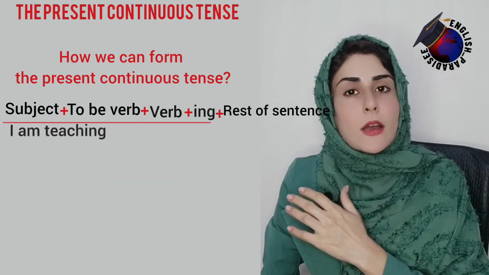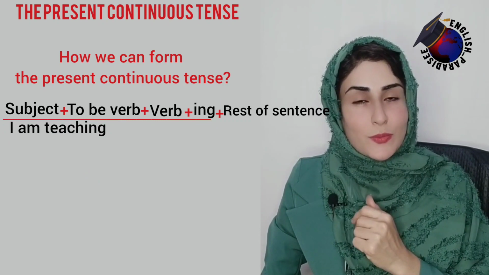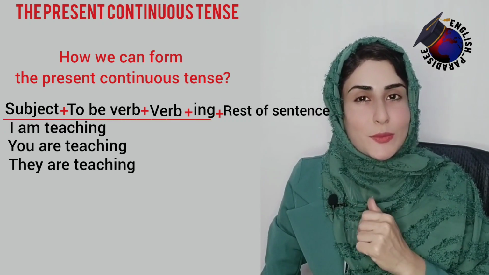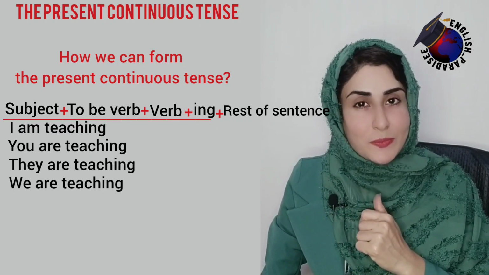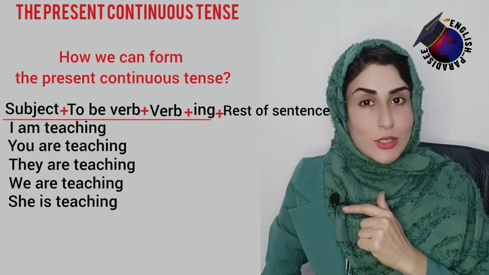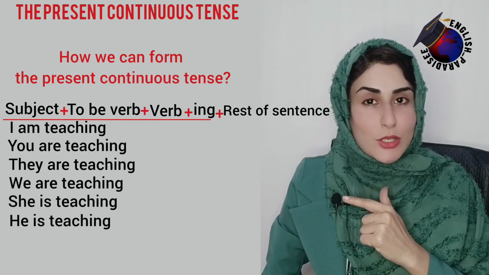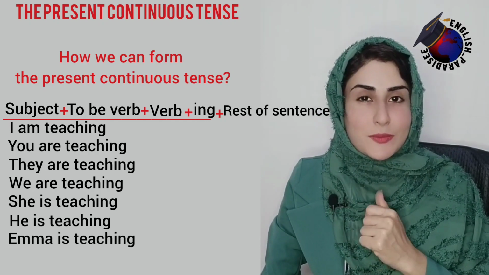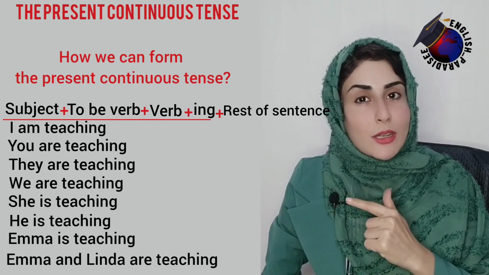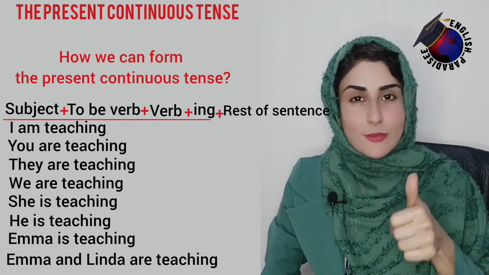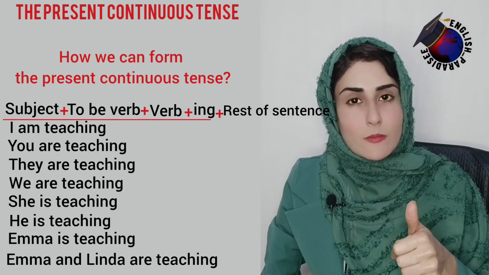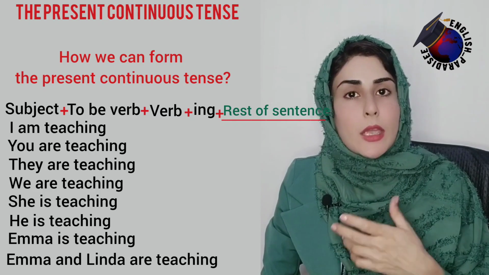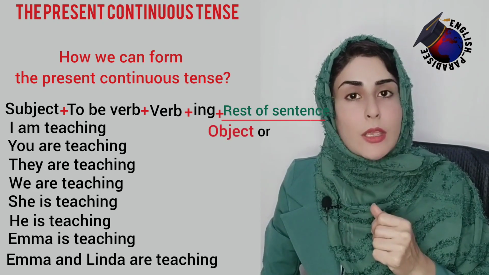So we have I am teaching, you are teaching, they are teaching, we are teaching, but she is teaching, he is teaching. For example, Emma is teaching. Emma and Linda are teaching. Okay? Then we have rest of sentence. Rest of sentence can be an object or it can be an adverb.